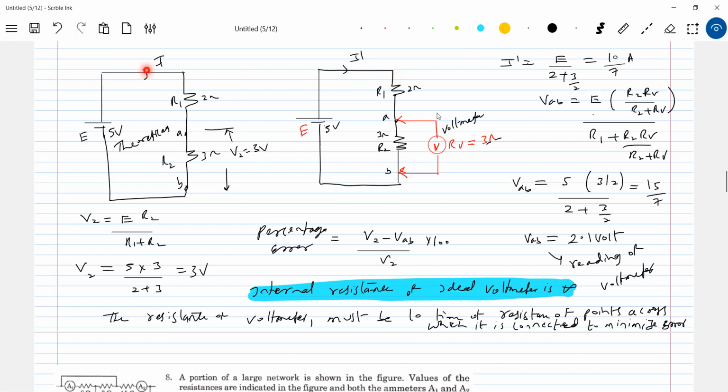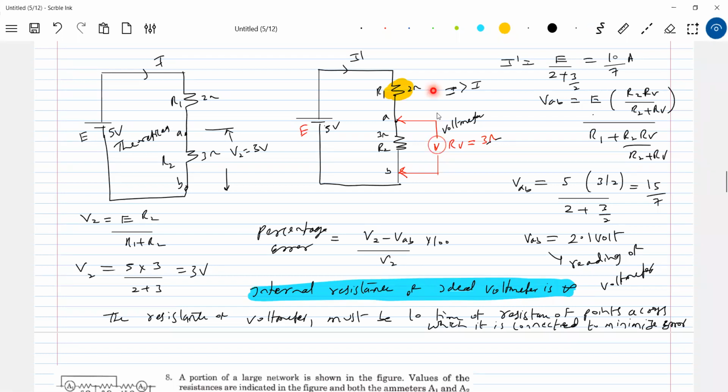Earlier, with current I, it was having almost maximum power. Now the power dissipation here will become more. I dash will be greater than I. So the power dissipated across this element will be more compared to the earlier one. So what happened to R1? R1 may get damaged. You have to be very careful.